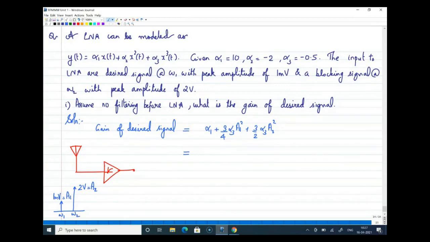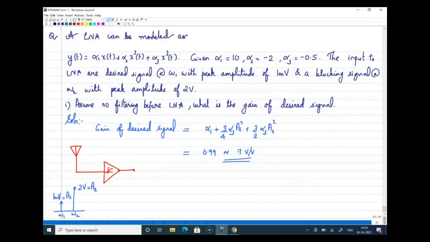Alpha 1 is given, A1, A2, and alpha 3 values. All values are there. Yes, it is 6.99. It is roughly 7. Very good. It is 6.99 or 7 volts per volt. That is the gain of the desired signal.